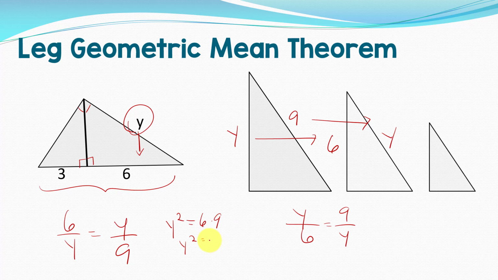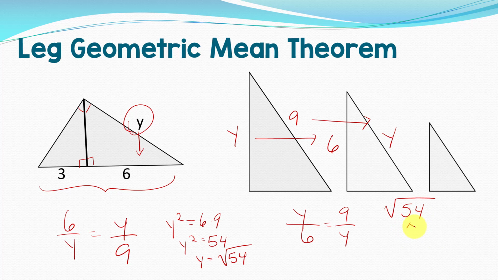So let's see. Y is the square root of 54. Okay. Got to look, is that a perfect square? I'm going to put it in my calculator, and it's not. So I'm going to go over and simplify square root 54.